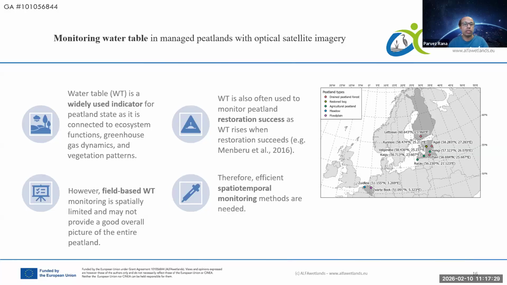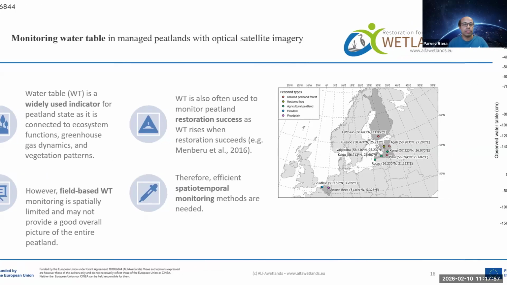In this exercise we also have case study areas not only from Finland, but from Estonia, Latvia, and Belgium. We gathered field data from all of the sites, and we have also been collecting optical remote sensing data. Next slide.